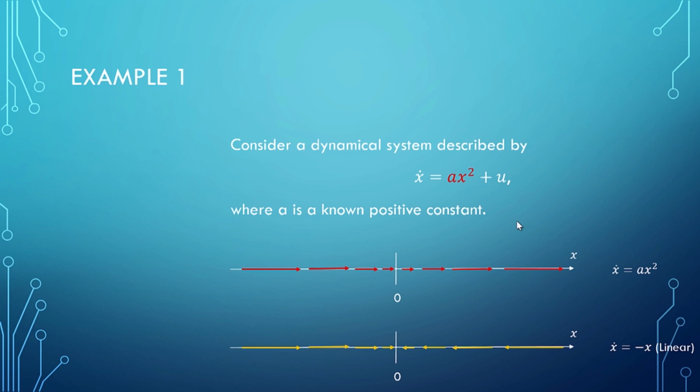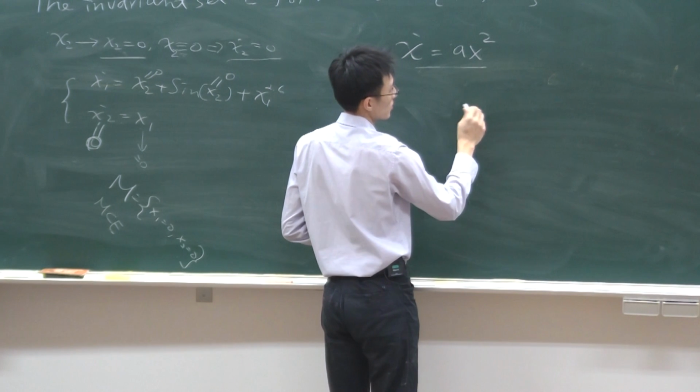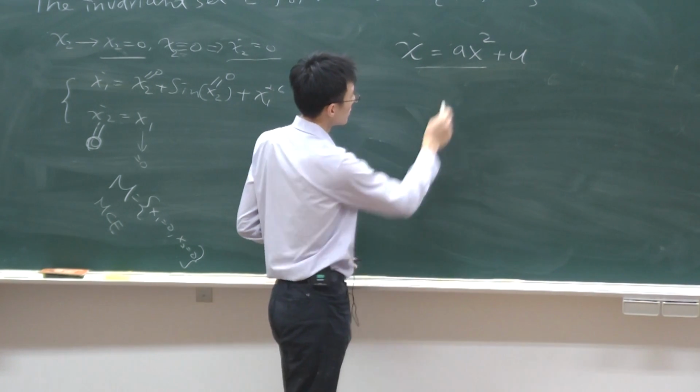And another second term in U will create this minus x, so that the overall system becomes this dynamics, which is stable. And that's called feedback linearization. So originally the dynamics is this. This is open loop dynamics because no control. Now you have a control U, and it's nonlinear.